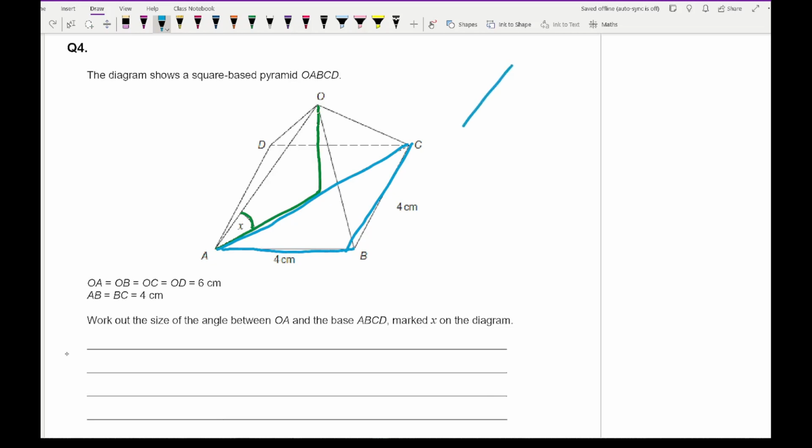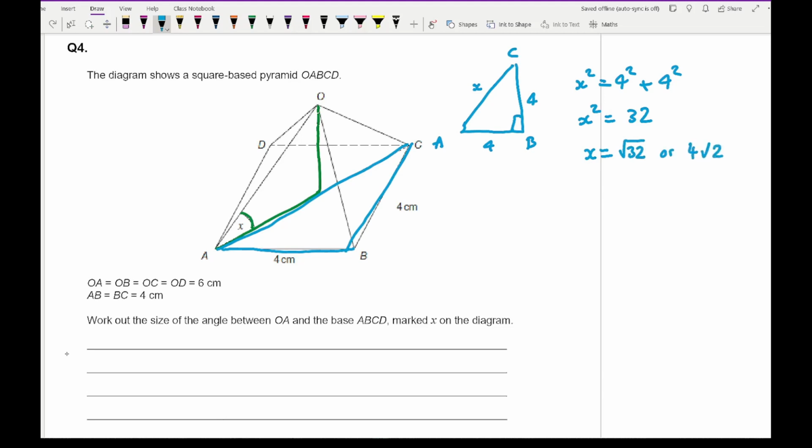So if I draw that blue triangle out and label it accordingly, I've got this side is 4, and I'm going to call this side here X. Using Pythagoras, X squared equals 4 squared plus 4 squared, so X squared equals 32, and X equals the square root of 32, or 4 root 2.